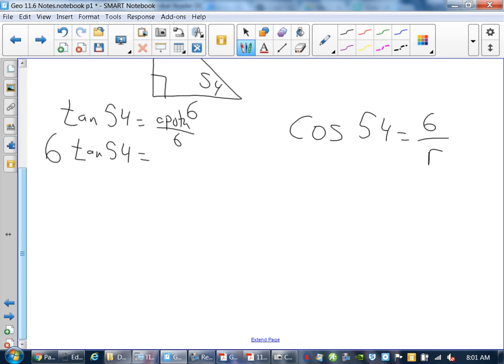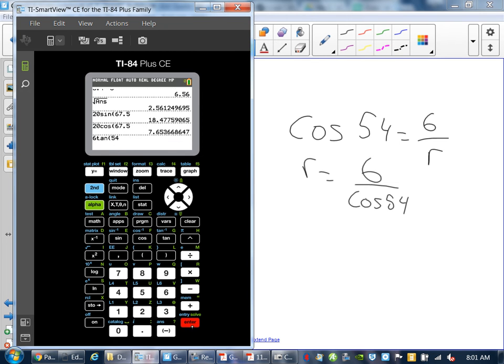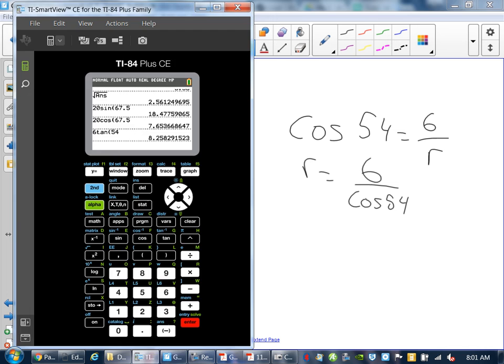What was our trick when the variable was in the denominator? Switch. Exchange-o, change-o. Okay. And now it goes to pressing buttons. 8.26.